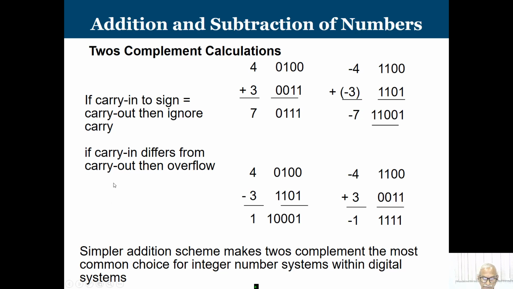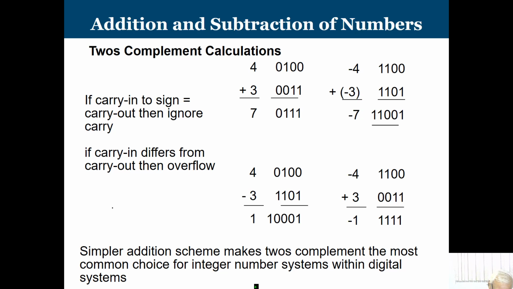Now, one advantage that we are going to get is that when we have addition and subtraction, in both cases we can simply do it by adding the numbers. Say here 4 minus 3.